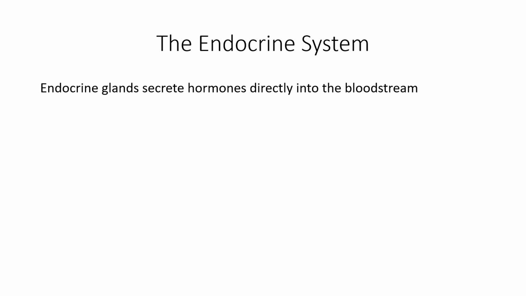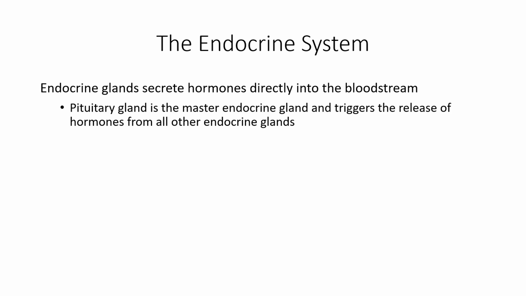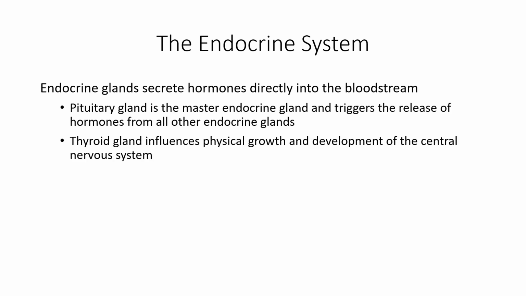Let's start by looking at the endocrine system. The endocrine system is the system where hormones are secreted into the bloodstream. I could go into it more, but the endocrine glands, such as the pituitary gland and the thyroid, release hormones into the bloodstream, which allow for various different things to happen, including growth.